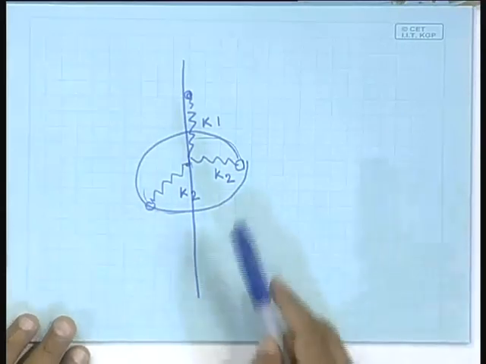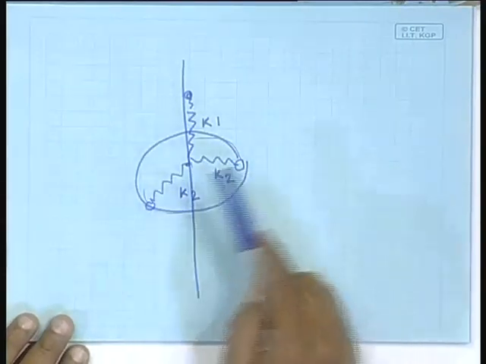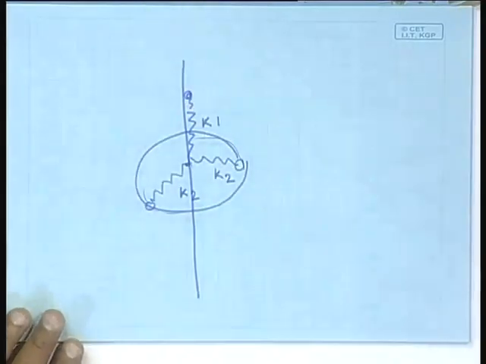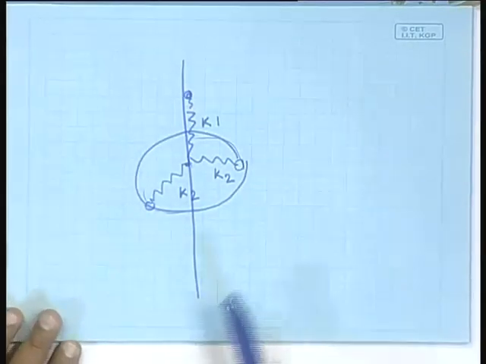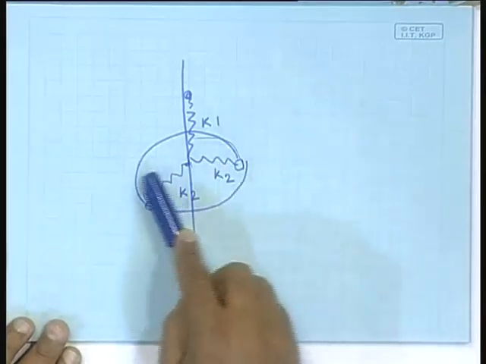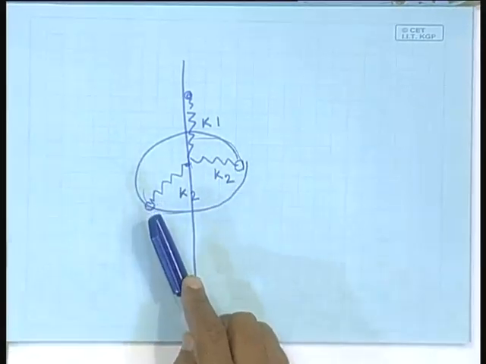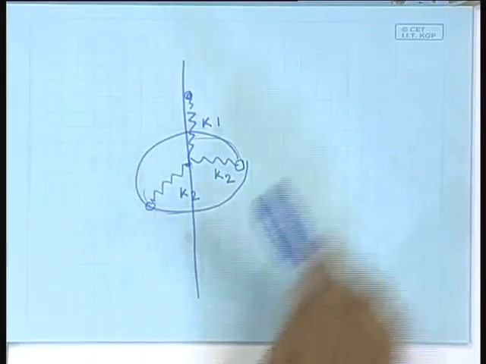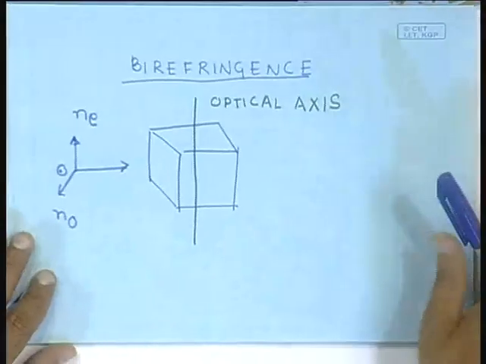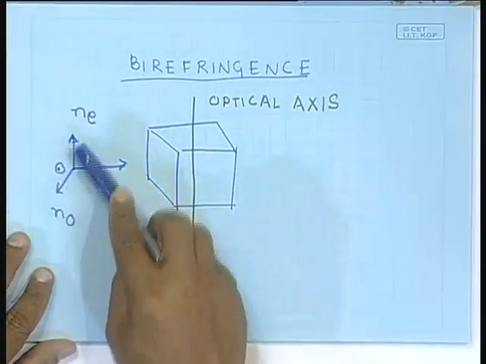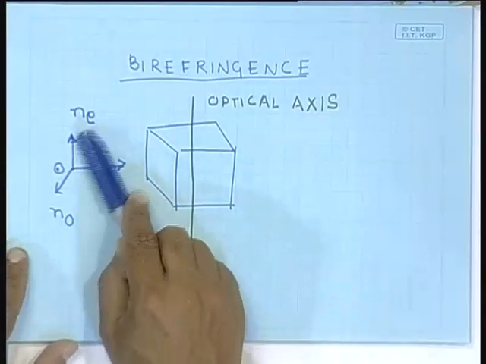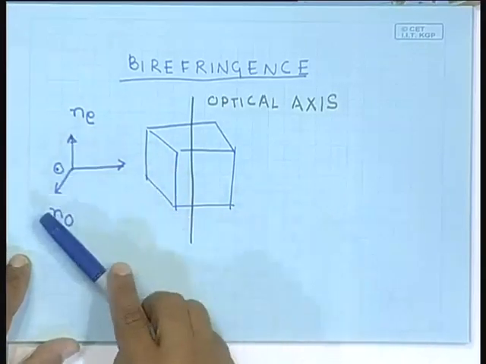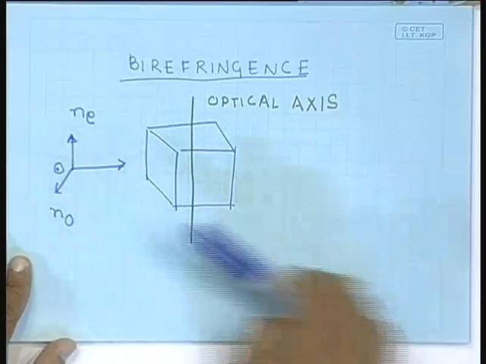And so, the dielectric constants are different for electric fields in this direction and this direction. As a consequence, the refractive index is also different when the electric field is like this, or when the electric field is anywhere in this plane. So, this gives you a picture of how the refractive index depends on the direction of the electric field of the incident wave.